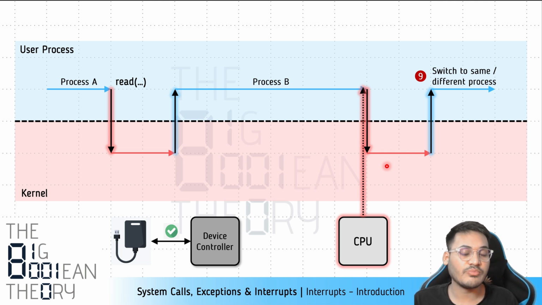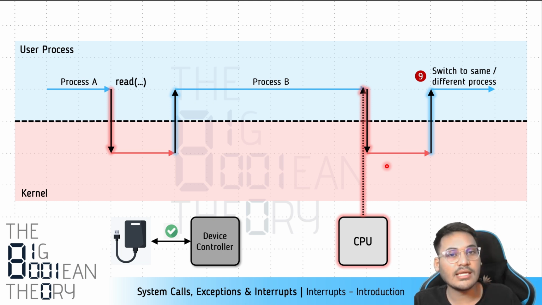Its work in the kernel space is done. So now the next step is that the operating system has to give the control of the CPU to some user process. So the question here is which user process should run next, right? There are actually several options here.